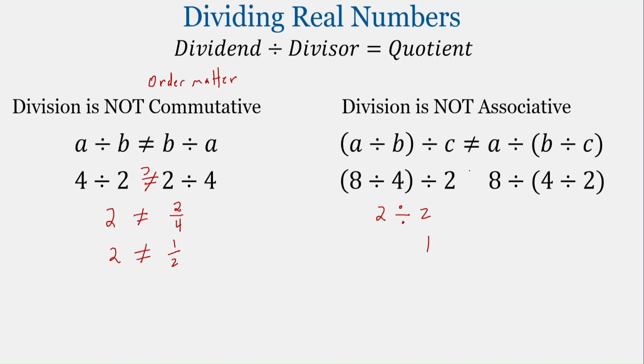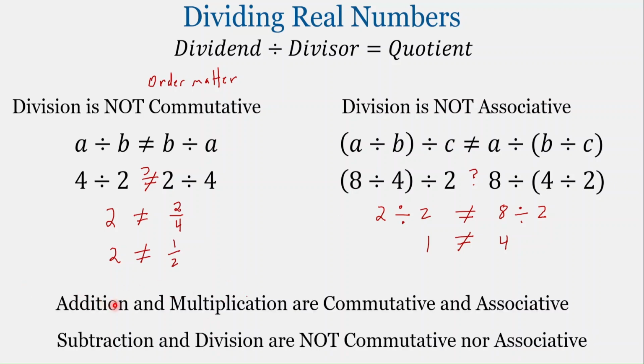Now on this side, again, we're going to do the items in parentheses first. So 8 is going to be carried down. 4 divided by 2, that's 2. Then 8 divided by 2 is 4. So these are not equal. The way that the numbers are grouped matters.